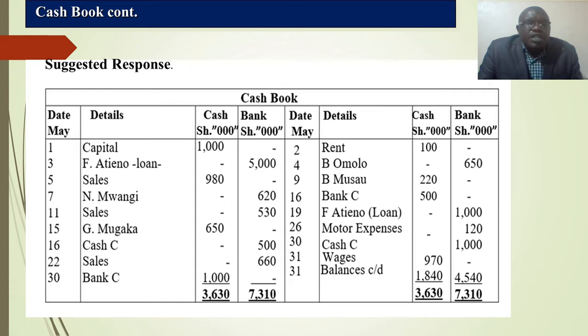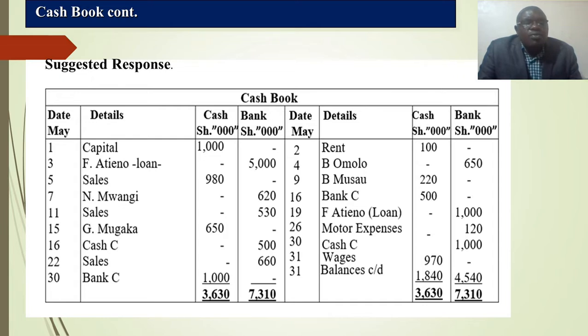Money moved. Where did it go to? To the bank. So the bank is within the same organization. That is why it is a contra entry, and the money moved from cash to bank, 500,000. That is why we are recording on the credit side that the cash was reduced by 500,000, and this 500,000 did not move outside the organization, but rather it went into the bank.